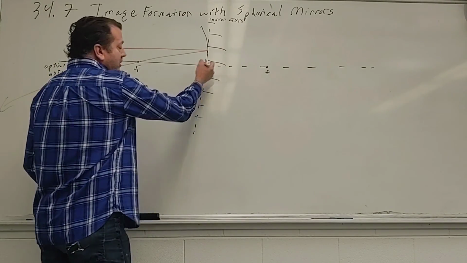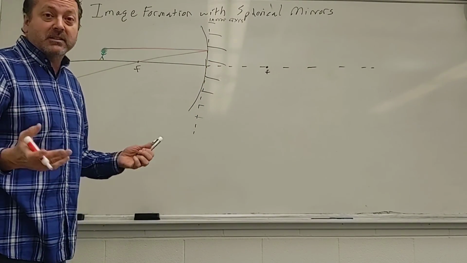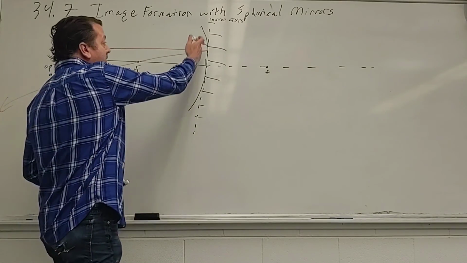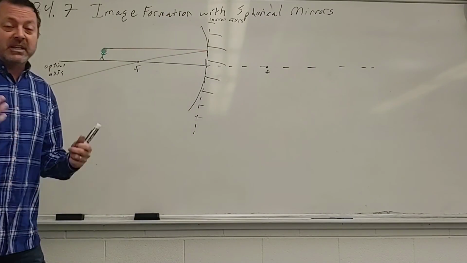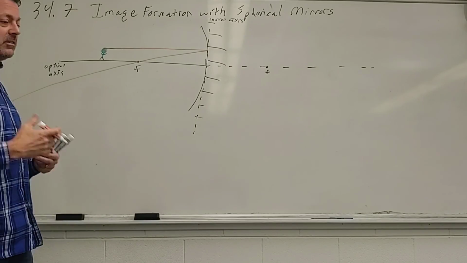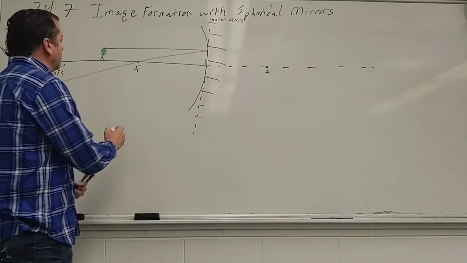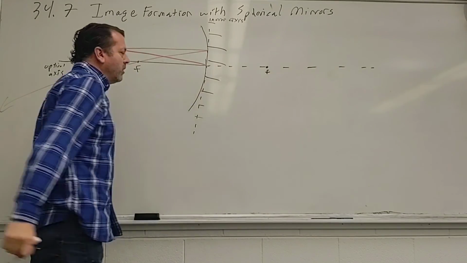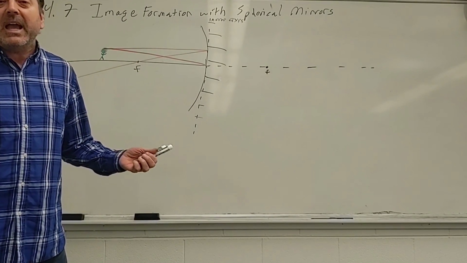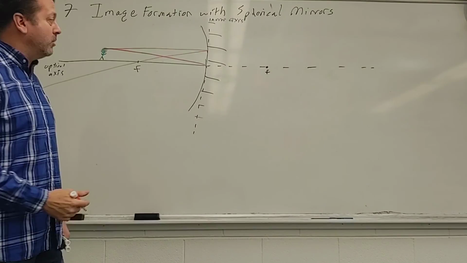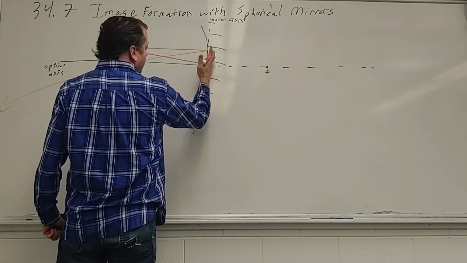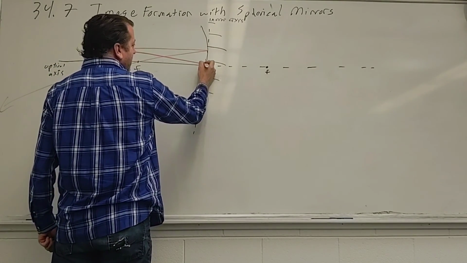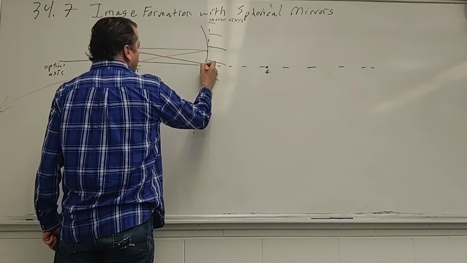Well, if we think of mirrors, angle of incidence, angle of reflection, because that's what we have to do everything with a mirror. Snell's law is valid for lenses. Here it's angle of incidence equals angle of reflection. If I draw this straight into this point, is it going to change the angle that it came into? And of course, no. And since this is basically flat, this angle in is going to be that angle out.